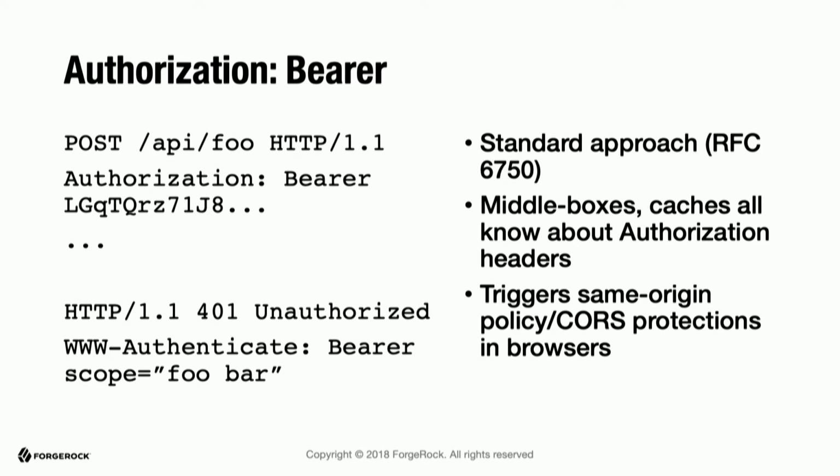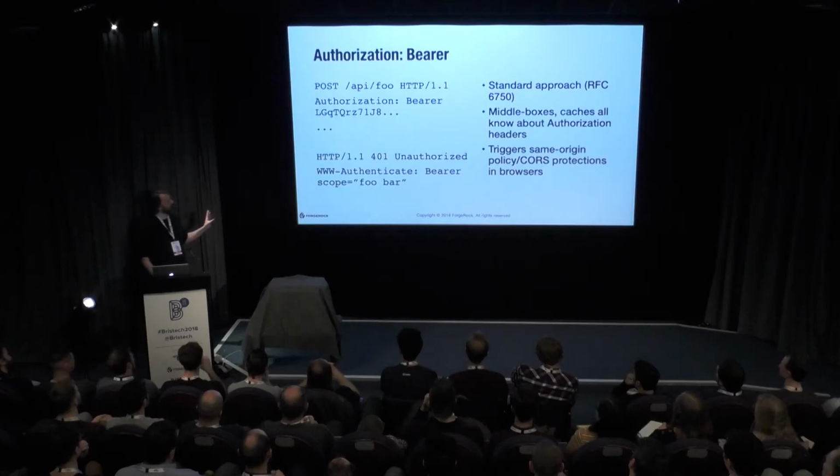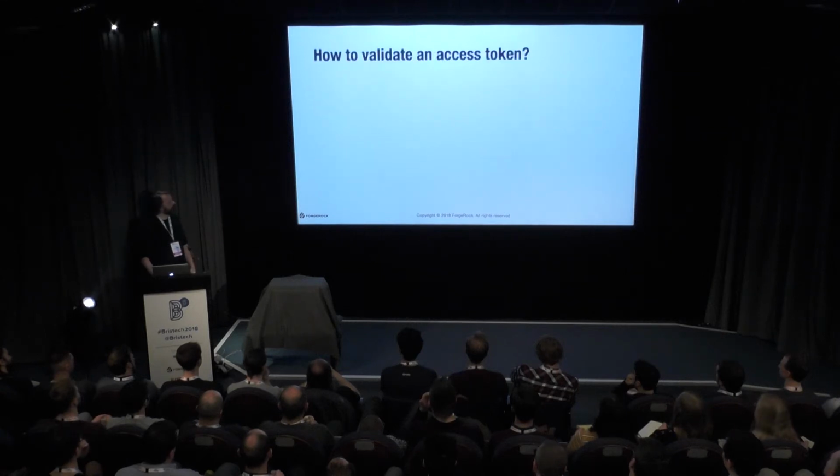And again, if you're a client running within a browser, then using this, because it's a non-safe header, it triggers these same origin policy protections, which are quite important for the whole web security model when you're running in a browser. So wherever you can, always try and accept access tokens in the authorization header.